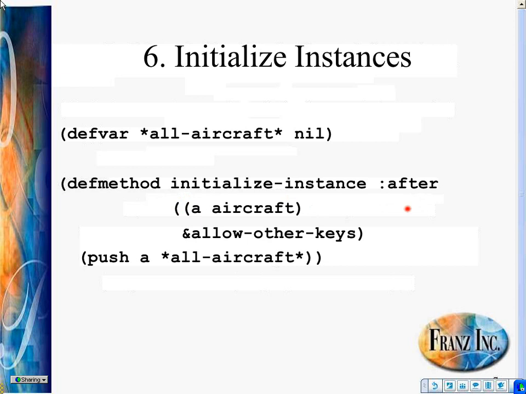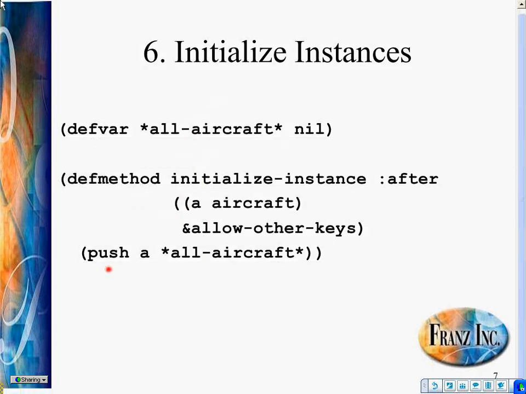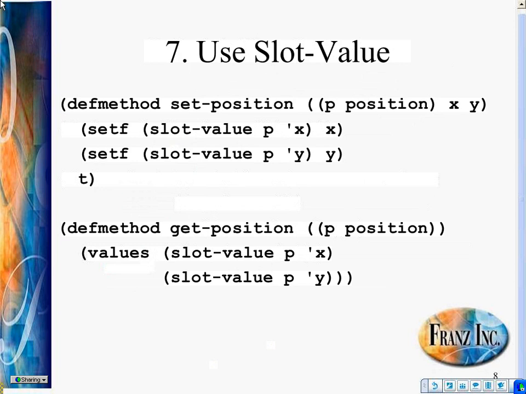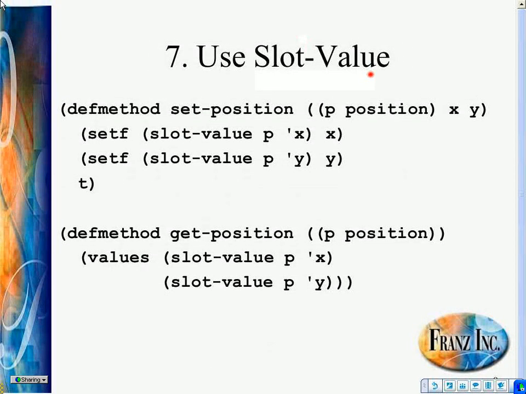You never redefine the main method for initialize-instance, but you can produce an after method, and this after method pushes each aircraft that is created by initialize-instance onto some list, which is the value of a variable of all the aircraft that have been created. You can use slot-value to access the values of slots of an instance of a class.